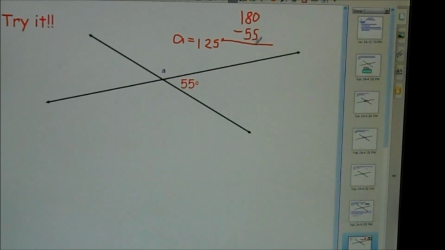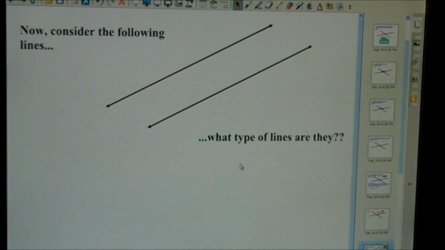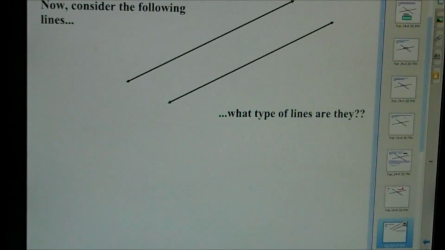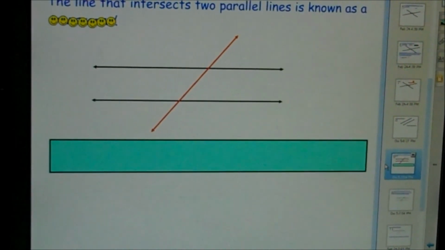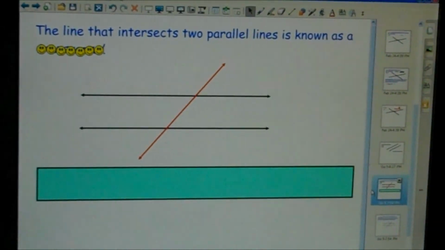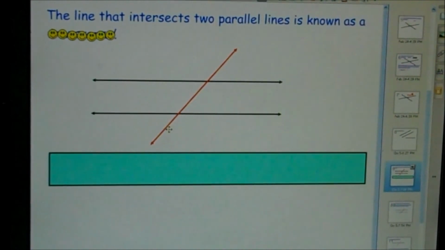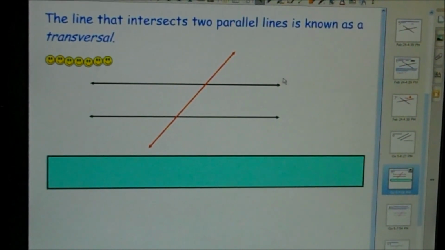Okay, I think you're ready for all the new stuff. Let's consider lines now. What types of lines are these? I hope you said parallel. They're parallel lines. And when parallel lines are intersected by another line, that other line I show here in red is called a transversal. Take a minute to draw yourself a pair of parallel lines and a transversal that cuts through it.